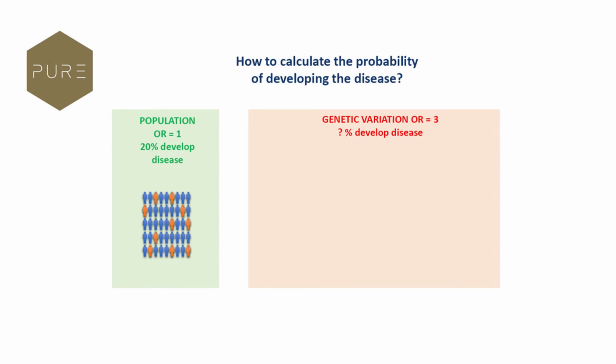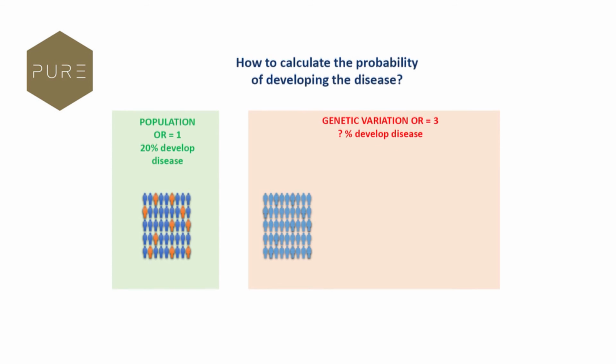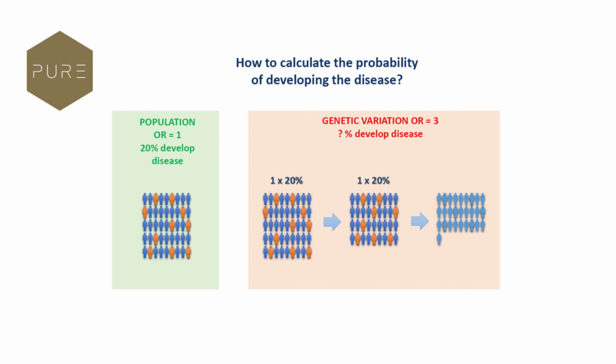The real way of how this calculation is done is like this. So an odds ratio of 1 is a 20% risk of developing the disease. An odds ratio of 3 means 3 times that, but this is how you calculate it. You get the first odds ratio applied and 20% get the disease. Then a certain number are left. Then you apply it again, that's the second odds ratio. And then some people are left, and then again you apply an odds ratio.